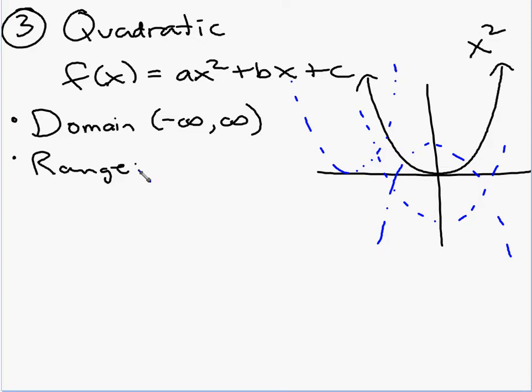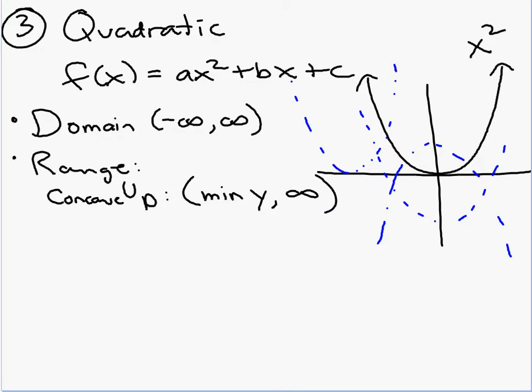The better way to say it probably is, isn't that one that I drew concave up? Did you guys talk about concavity last year? If it is concave up, then its range is the minimum y value up to infinity.